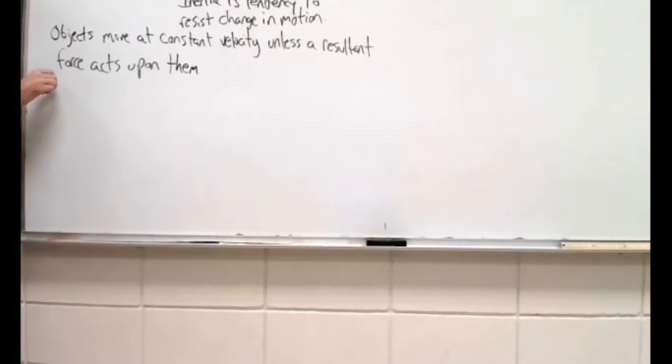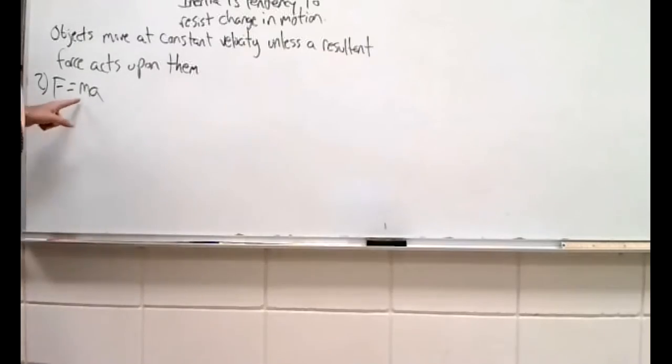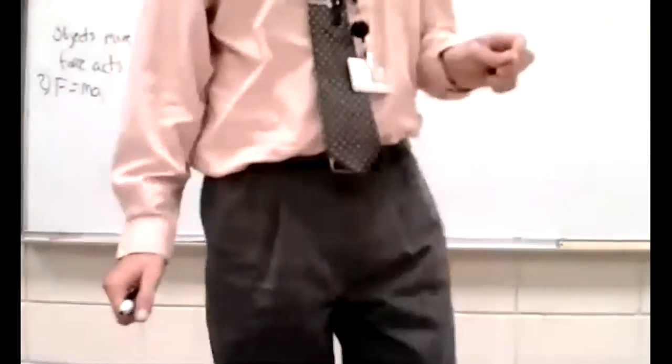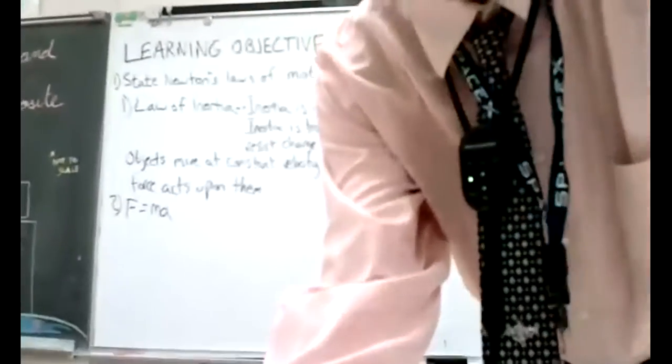The second law: for an object of constant mass, the force acting on it is directly proportional to the acceleration, or the quantities F, force, mass, and acceleration are related by the equation F equals ma.